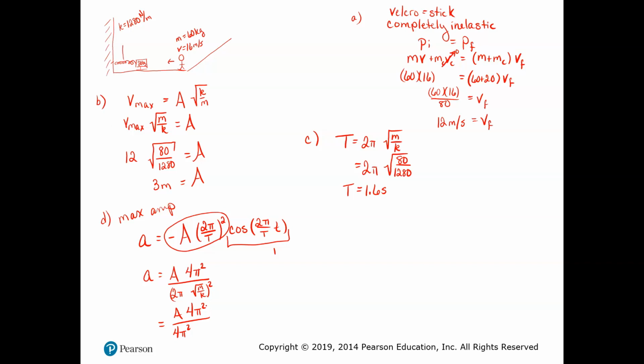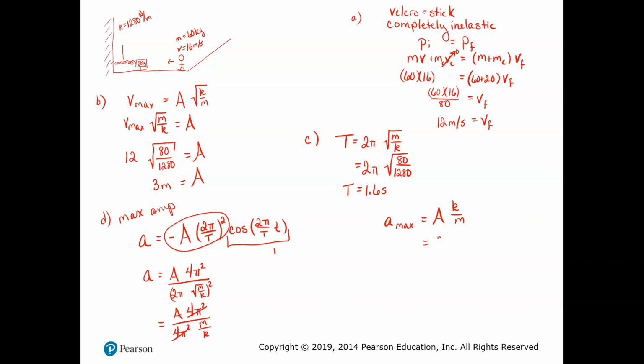Square root of m over k squared is going to be just m over k. I've got a fraction divided by a fraction, so I'm going to flip that and multiply. And that's going to give me that my maximum acceleration is going to be the amplitude times k over m.